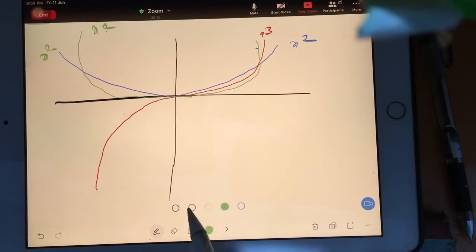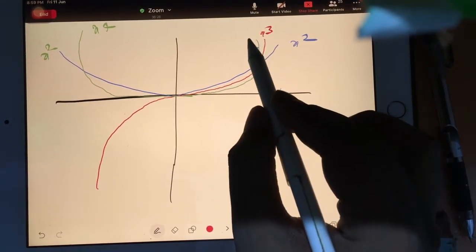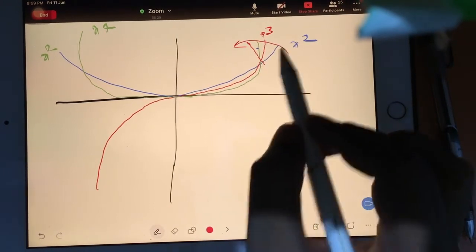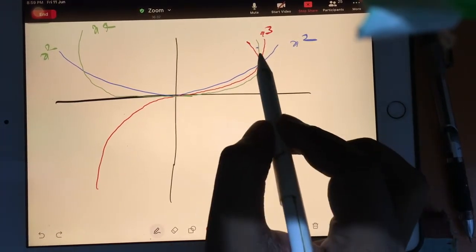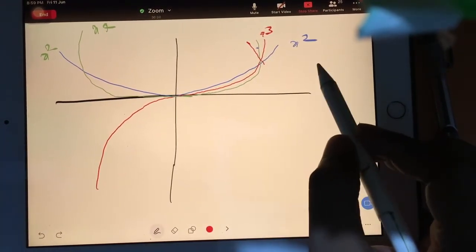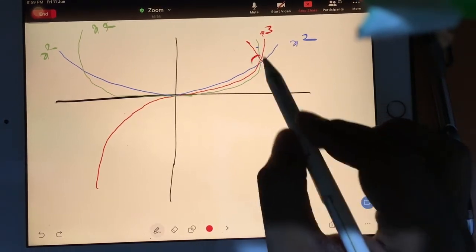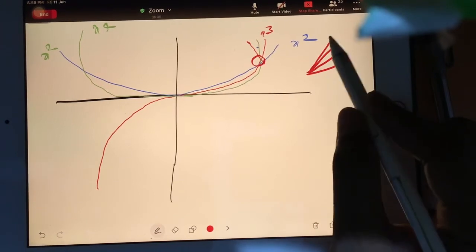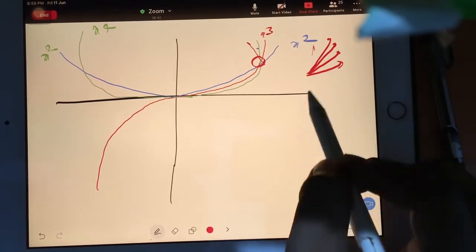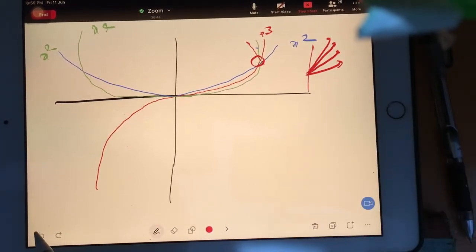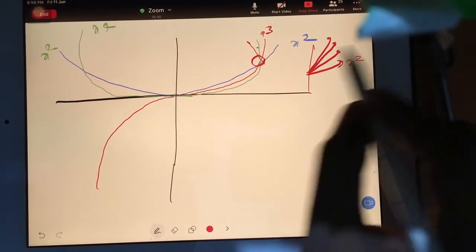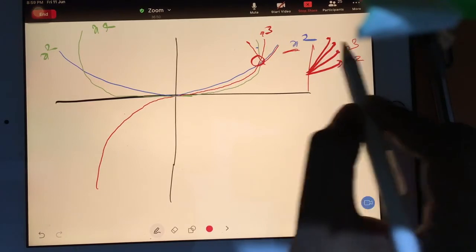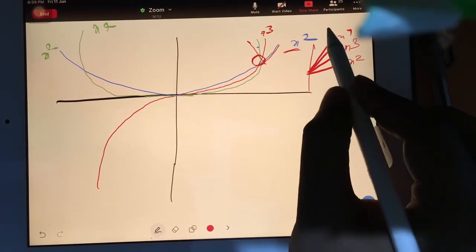Clear? And if I want to draw x power 5 line, then actually my curve is totally wrong here, because they are bending in this direction. They will bend, but actually they will never, you see what I'm trying to say. This intersection I'm drawing wrong. Actually I should draw like this. You will never cross like this, no. So this will be your x square, then x cube, then x power 4, then x power 5.